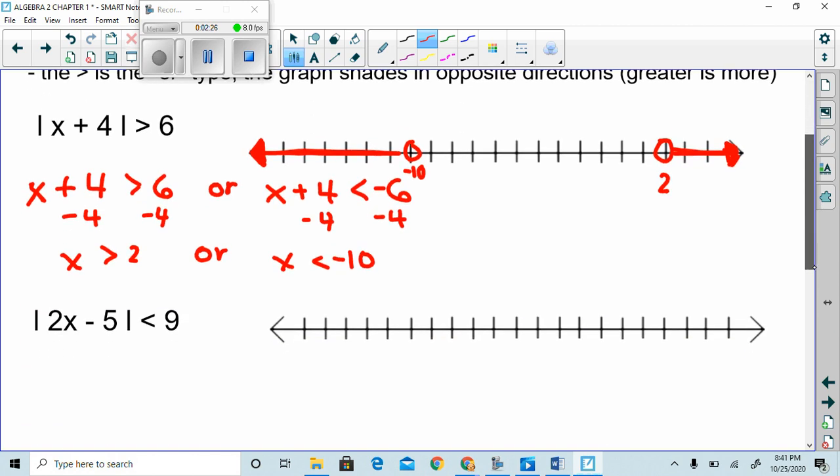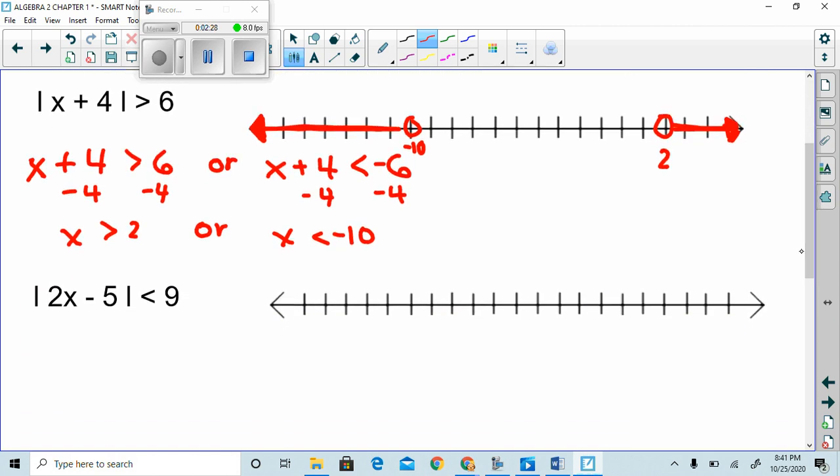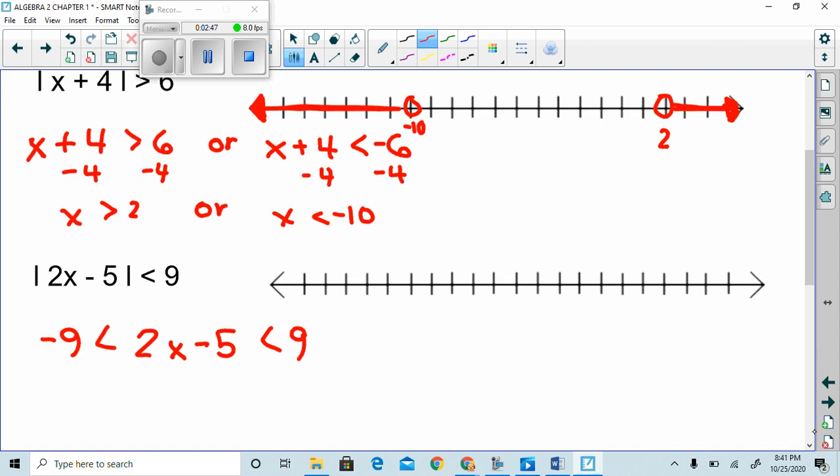Let's take a look at the second one. It's a less than, nest in the center, so I'm going to have this 2x minus 5 nesting in between a 9 and a negative 9. It's a two-step, so I'm going to do two inverse operations. I'm going to add 5.